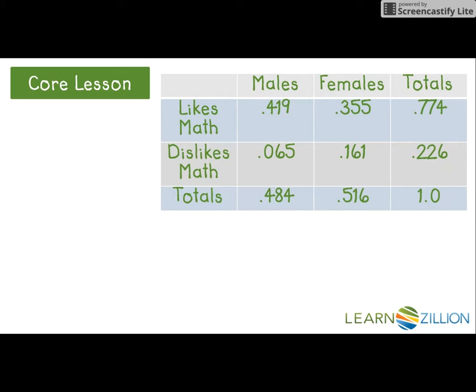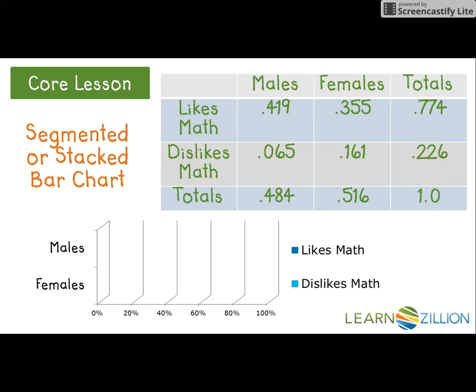These relative frequencies can then be used to create a segmented or stacked bar chart. In this graph, each bar is a whole and is divided proportionally based on the conditional distributions for each variable. For example, the proportion of females that like math is 0.355. We divide that by the total, 0.516, to give us 68.7%.